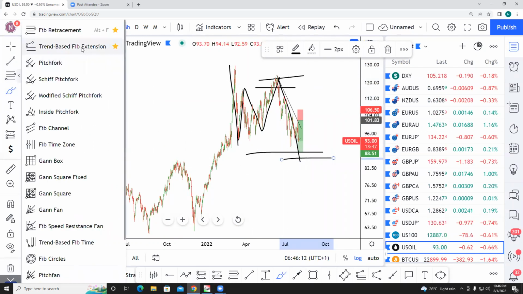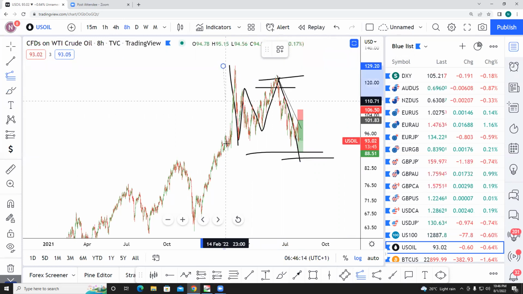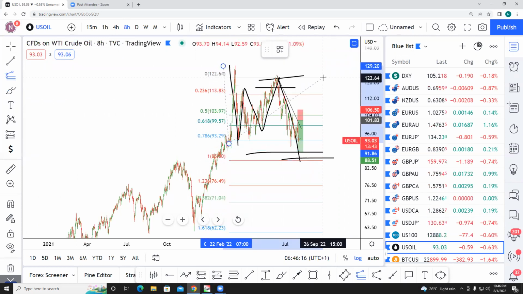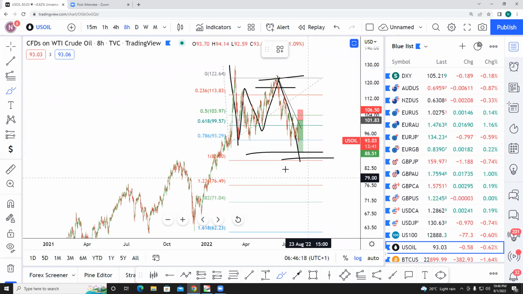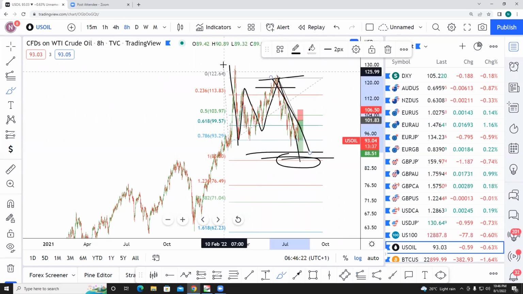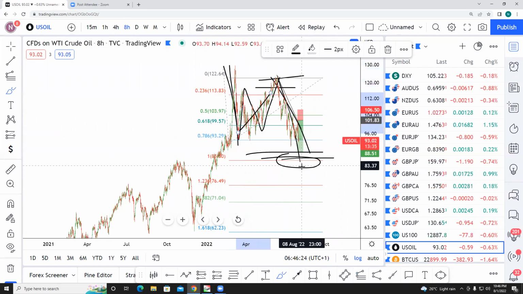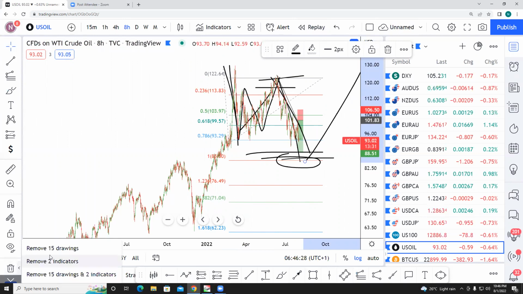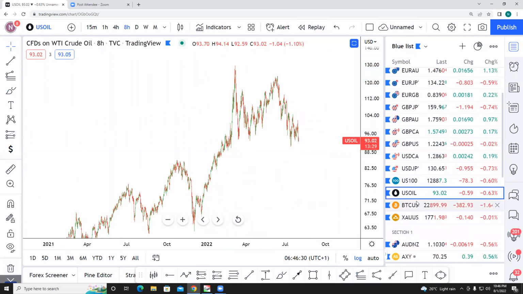If you take your trend-based fib extension, this level, can you see? Equal leg is ending here. So anything here, this structure is balanced, and you can have a wave to the upside for US oil.